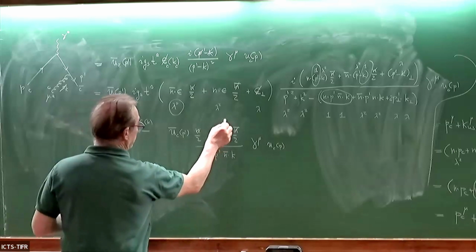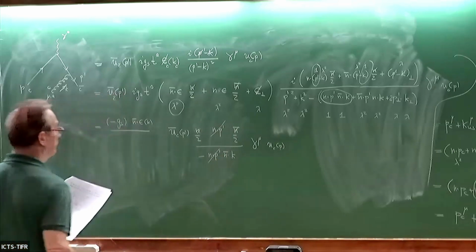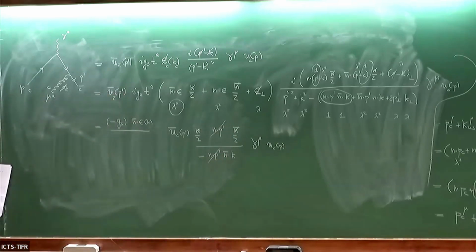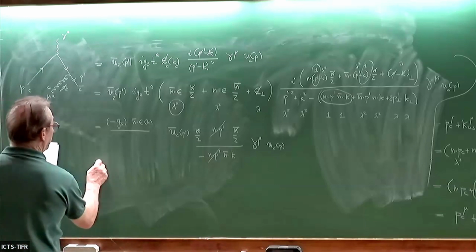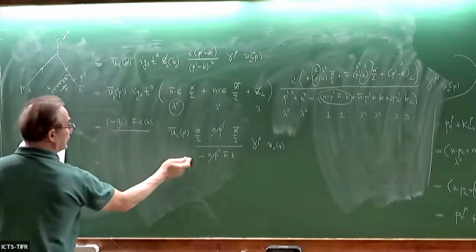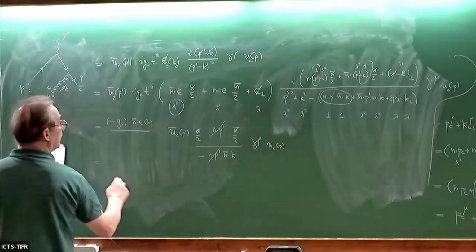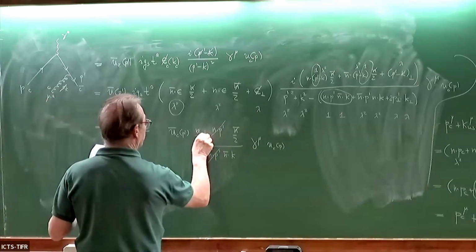Now you see that this guy cancels this. And at the end of the day, this minus sign cancels this minus sign. And I forgot the T^A somewhere, the color matrix.